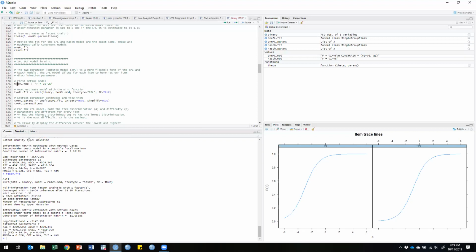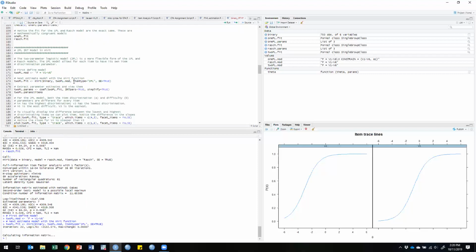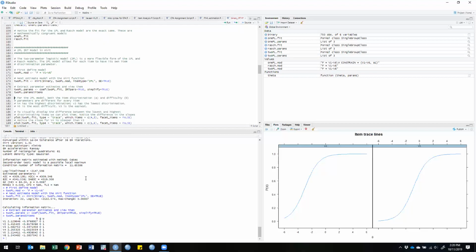For this model, we follow the same steps we did in the RASH and 1PL model. We define our model, and then we fit it using the mirt function. We give it our data set, our model, item type is 2PL. We can extract our parameter estimates and view them.